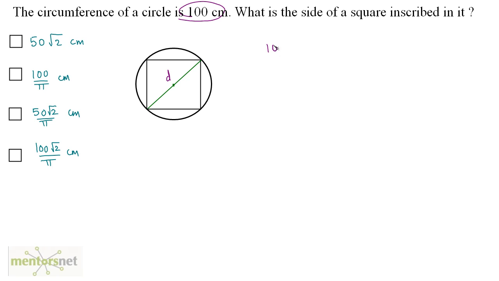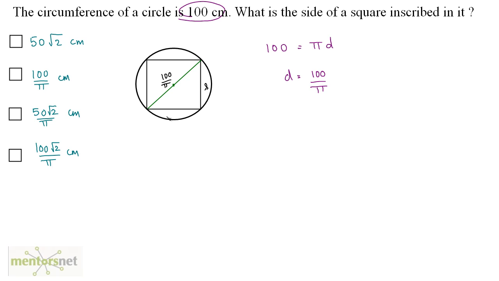So circumference is 100 centimeter. It is equal to pi d, right? Pi d is the circumference of the circle. So therefore I can write d is equal to 100 by pi. Let it be as it is. So we can write in place of d, 100 by pi.